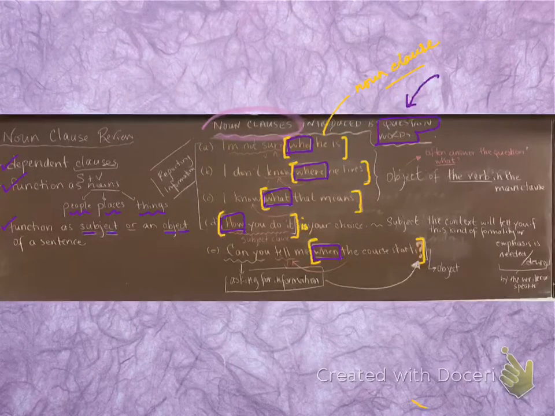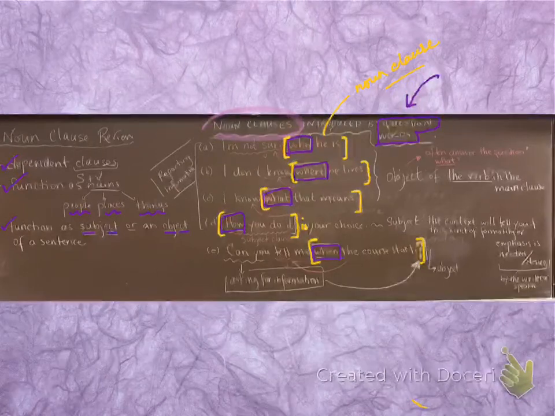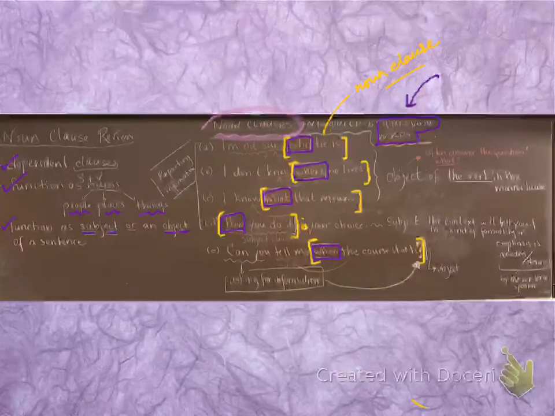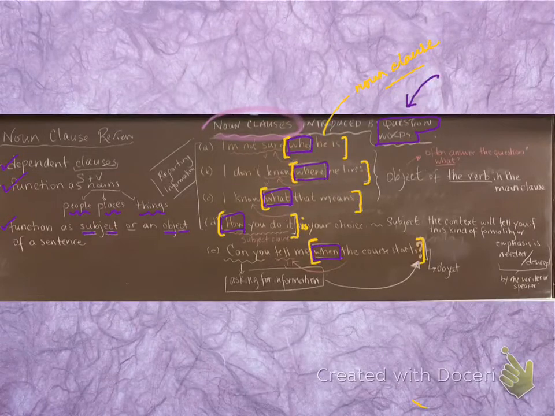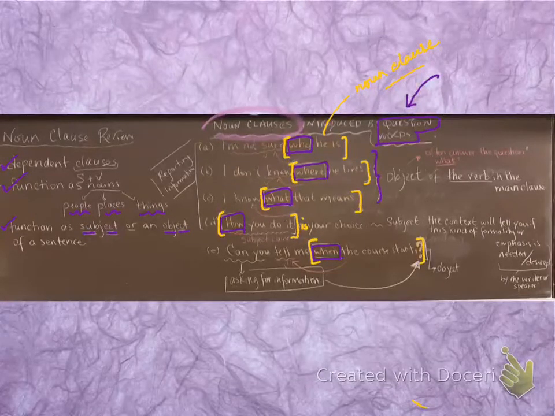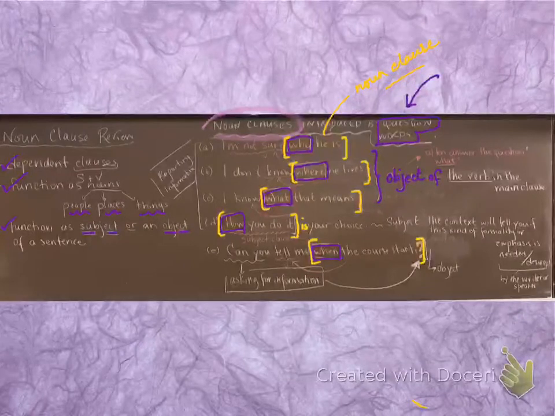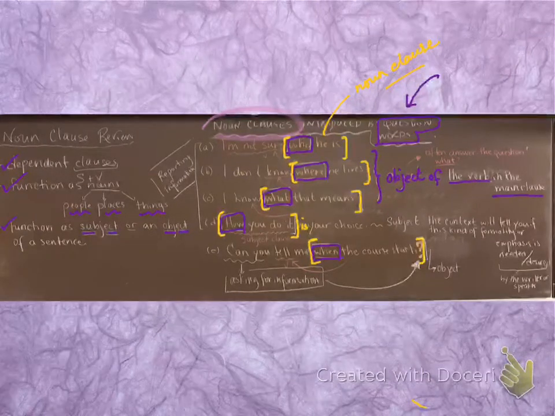All right, so if we look at each of these sentences, what we can understand is that in A, B, and C, okay, the noun clause is functioning as the object. And it's the object of the verb in the main clause.